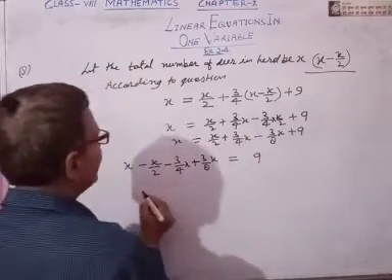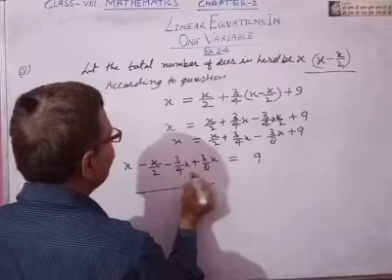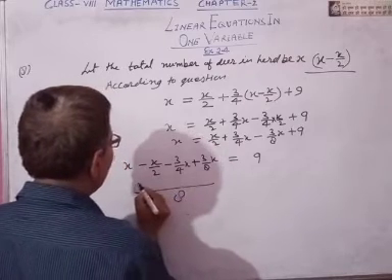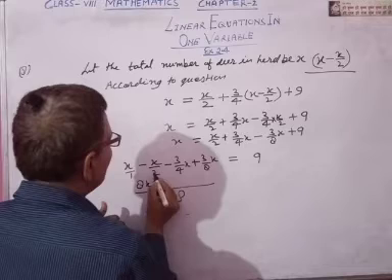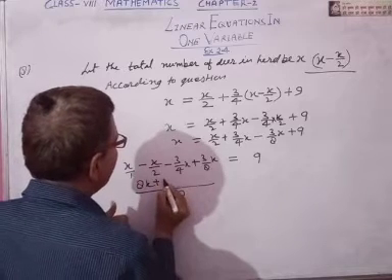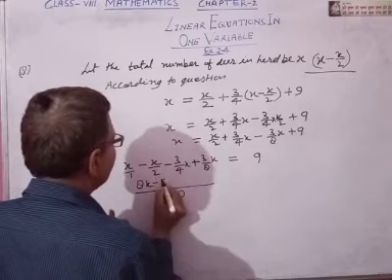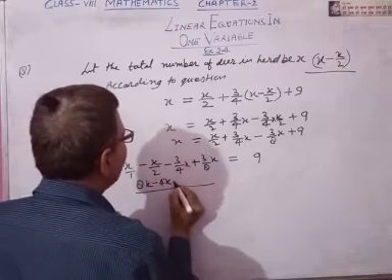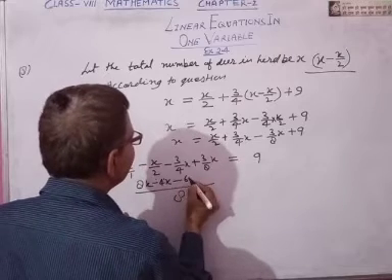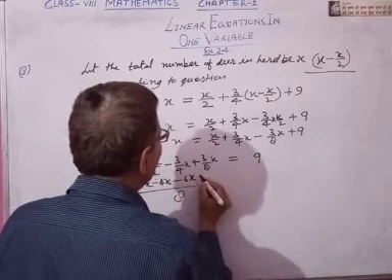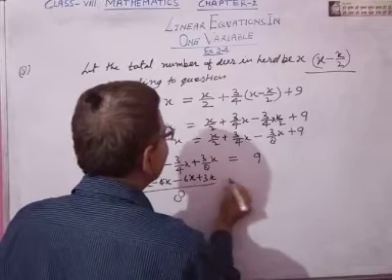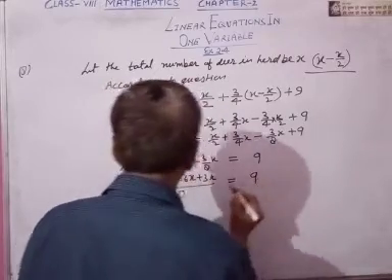Now we will solve. 8 is the LCM: 8x minus 4x minus 6x plus 3x equal to 9.